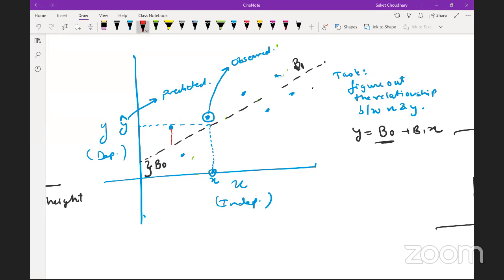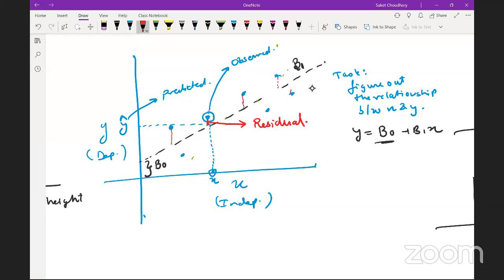So in essence, I have created some error, right? I've created this much amount of error, which I am going to call my residual. And this happens at each of these points that you have values for. So for this particular line fit, there is some amount of difference between the observed and the predicted value. This is an example in which there is a residual for each of these values, but it's not always necessary.